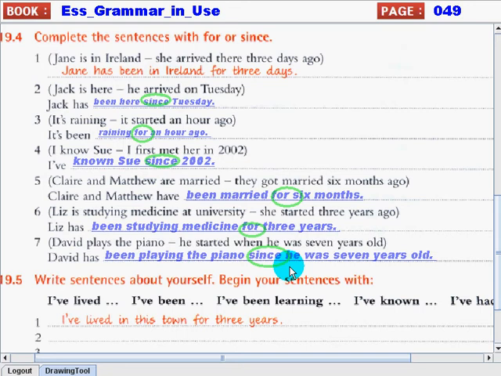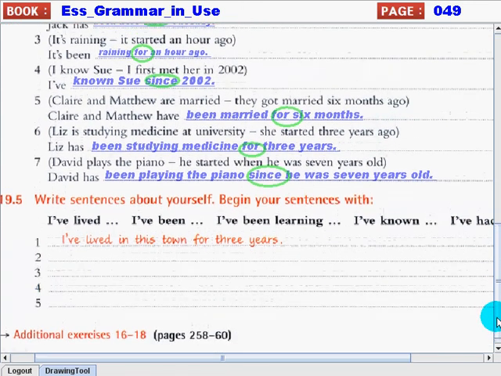So it means he started playing the piano when he was 7, and up to now, he is still playing piano. Okay? Now, I hope you got the perfect score here for this exercise.